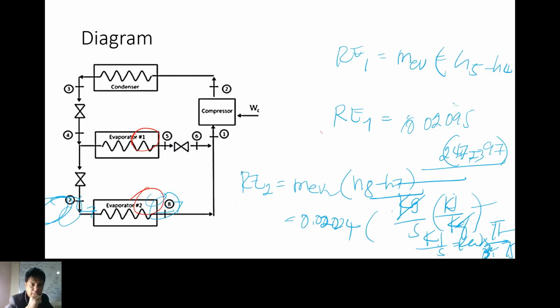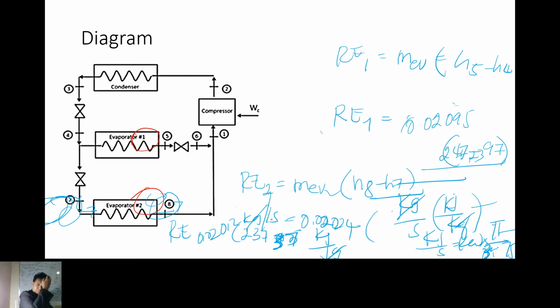So, here in RE2, let me put it here. 235 minus 37, because this is the mass, 0.02 kilogram per second. Then this one is kilojoule per kilogram. So the kilogram will be cancelled, then kilojoule per second.